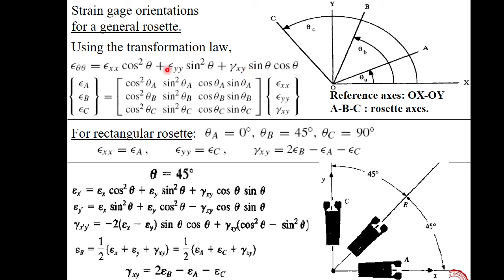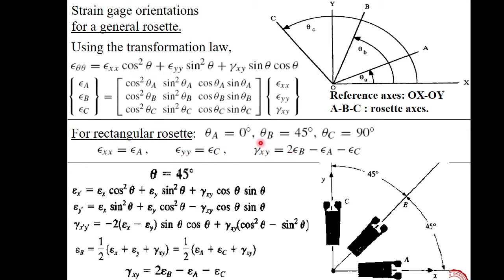And when it is 45 degrees, what will happen? Already we have seen epsilon yy and epsilon xx are epsilon A and epsilon C, right? Let us substitute it there. And this is half, 1 by root 2 into 1 by root 2, these are also half. And this reading is epsilon B, so twice epsilon B minus these two readings. Okay, clear?